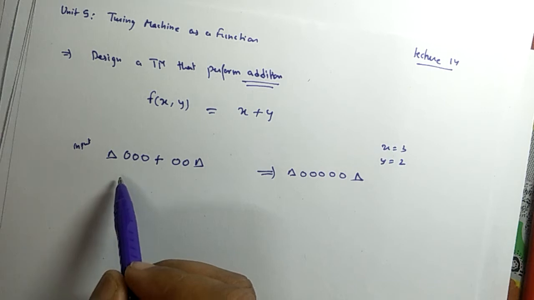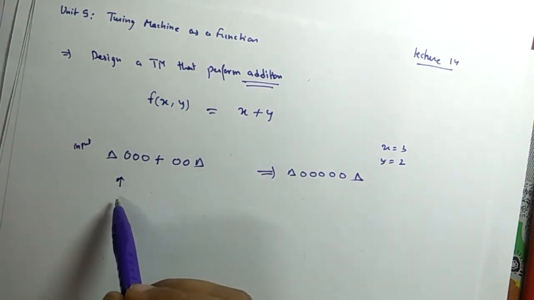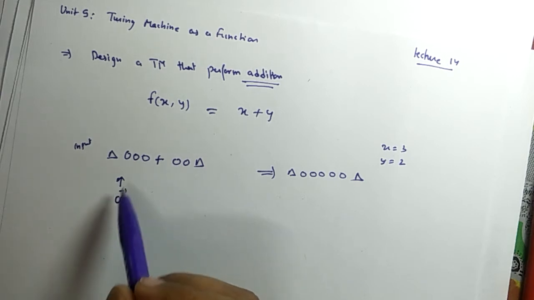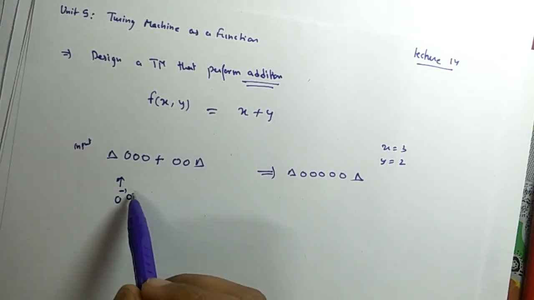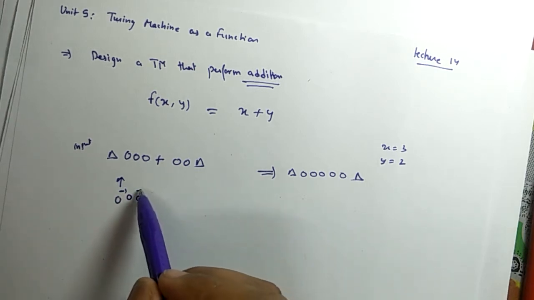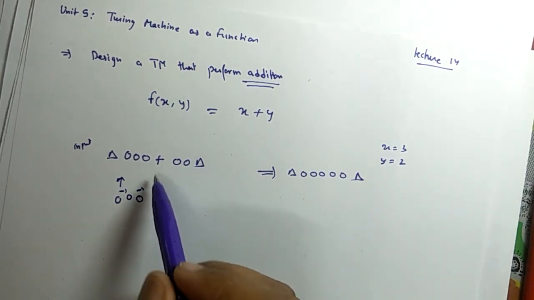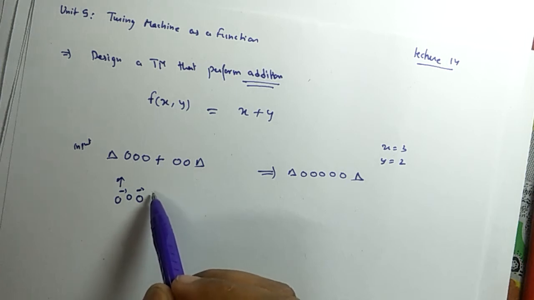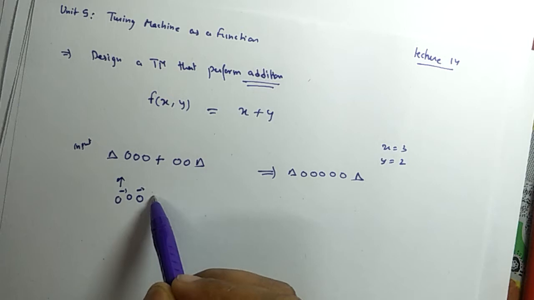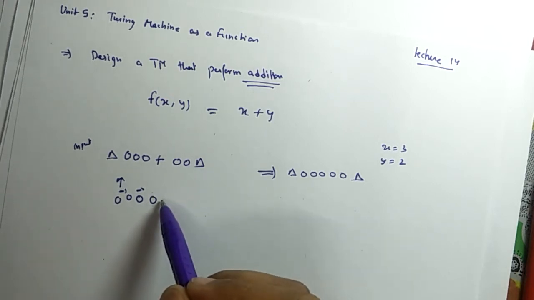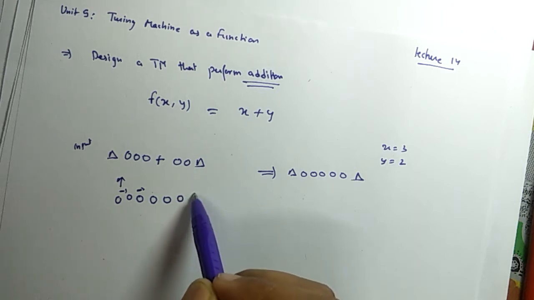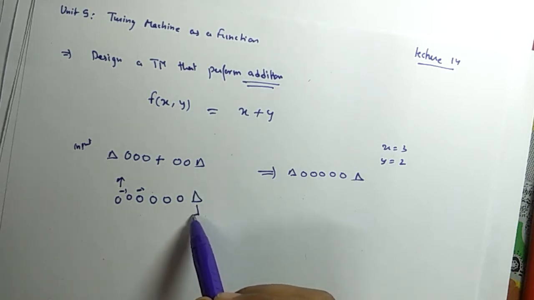So what we need to do is start from this position. We will leave this 0 as 0 and move to right, leaving each 0 as 0 and moving to right, and we will get plus. We will convert this plus symbol to 0, and move to right and reach the rightmost corner.